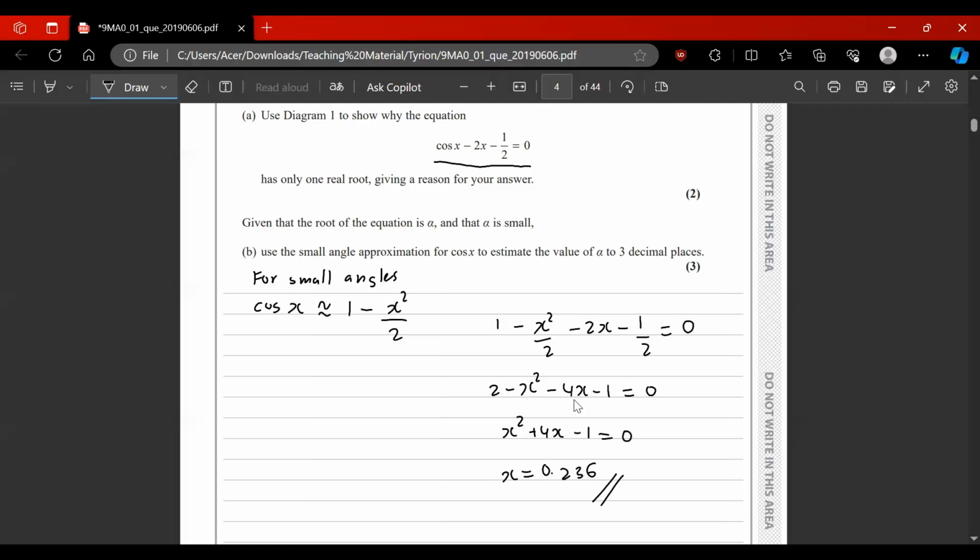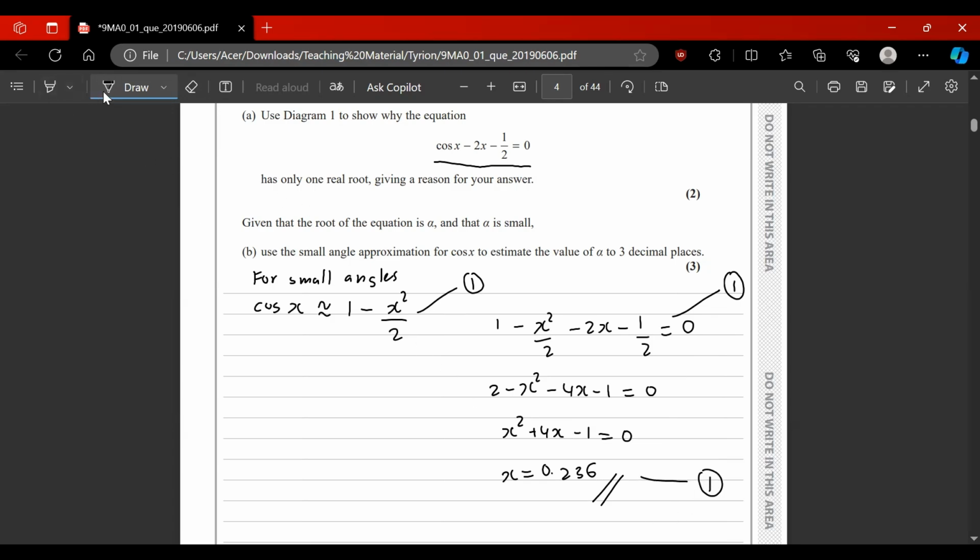The mark distribution for this particular question is: you get 1 mark for the correct use of the small angle approximation, 1 mark for applying the small angle approximation here and solving the quadratic equation, and then getting your final answer gives you 1.